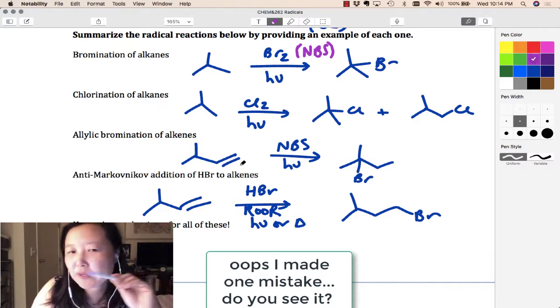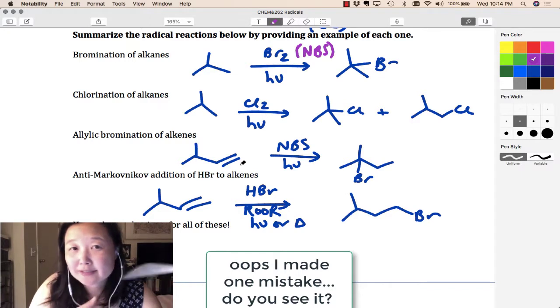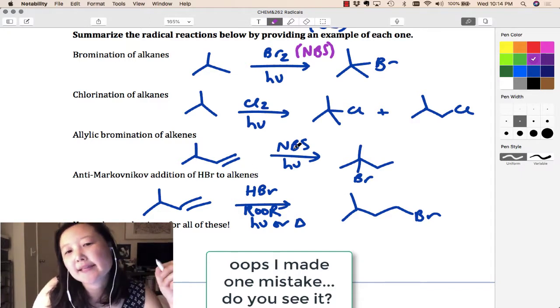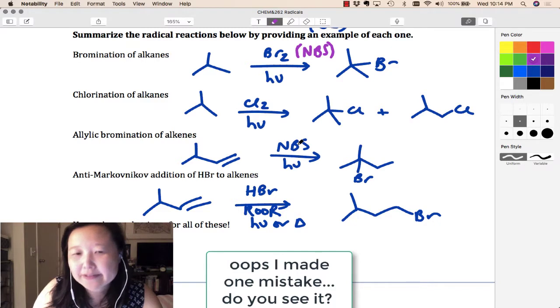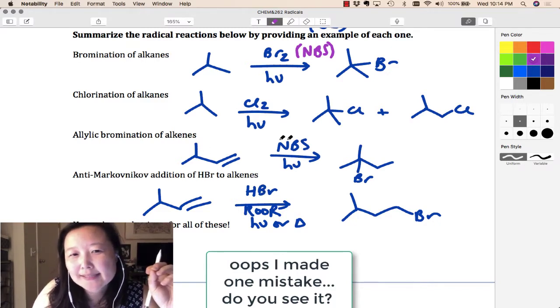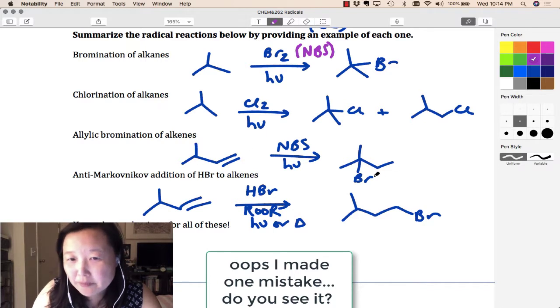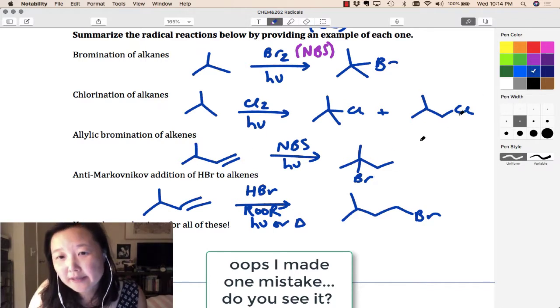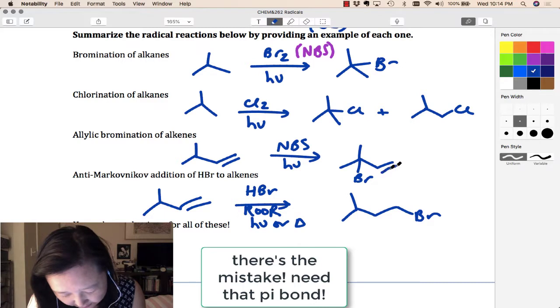And then another question that you might think of that I didn't address in the last video is, if NBS makes bromine radical and HBr makes bromine radical, then how come in this case the NBS results in a hydrogen being taken off here with the radical and it's an allylic bromination? Oops, sorry, we need the allylic position here.